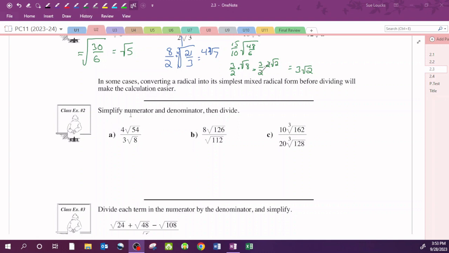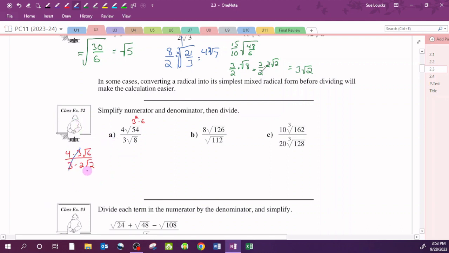So this one, let's simplify our two radicals first. Since 54 is 9 times 6, or 3 squared times 6, I can rewrite the numerator as 4 times 3 times root 6. And the denominator is 3 times 2 root 2. And I could have written that as 12 over 6 and then reduced it, but since I did happen to write it this way, I can just cancel my 3's out.